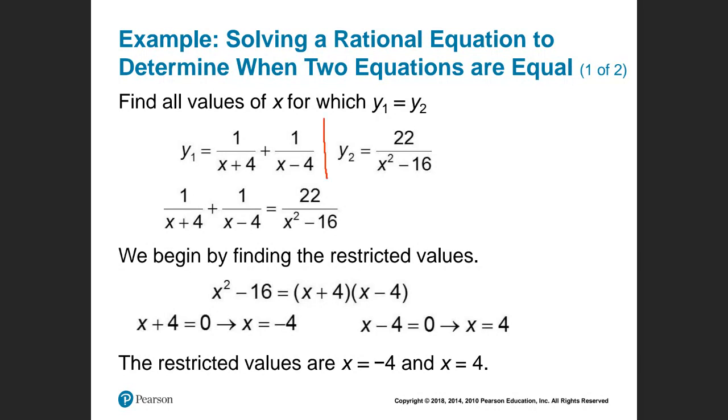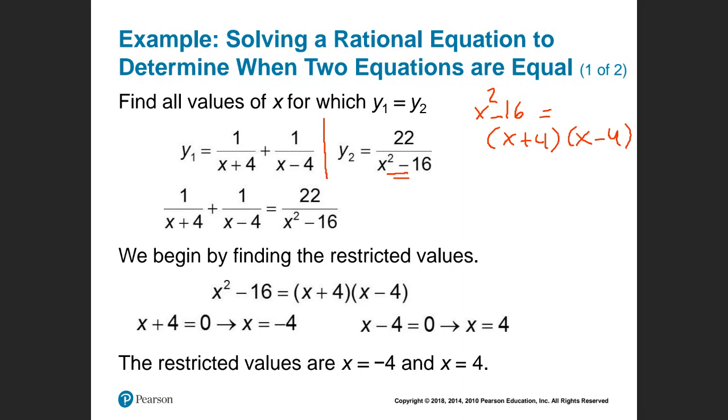This is y1, and this is y2. You can see y2 equals 22 over x squared minus 16. We're going to factor x squared minus 16. We can write that as x plus 4 times x minus 4. So we can multiply both sides by x squared minus 16.